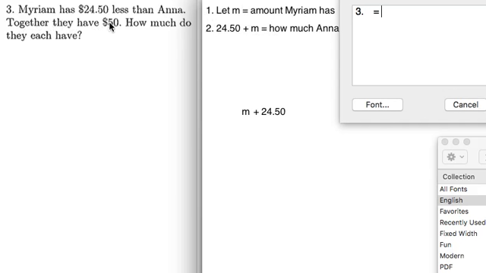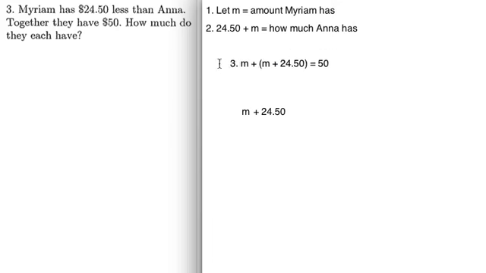So I can put $50 on one side, and what they have together on the other side. How do I write what they have together? This is how much Miriam has, this is how much Anna has, and what they have together is just those two numbers added together. And now I have my equation, just like that.